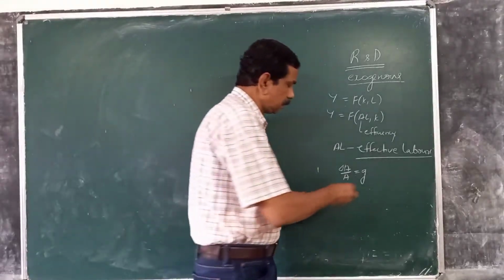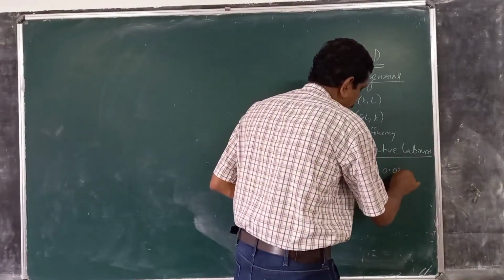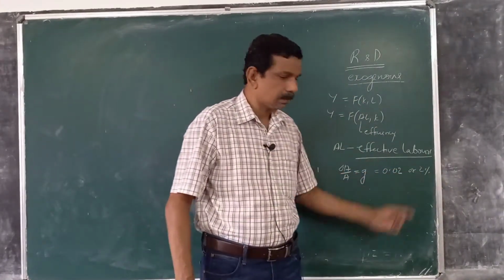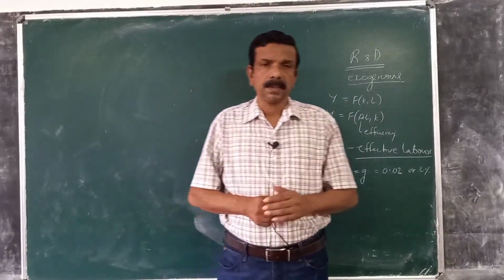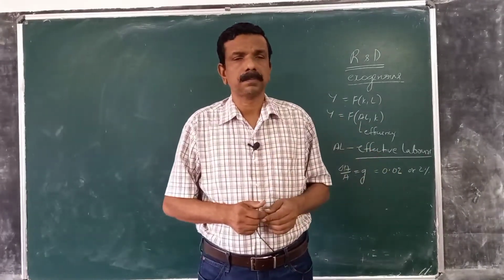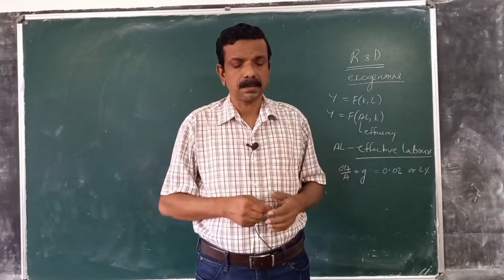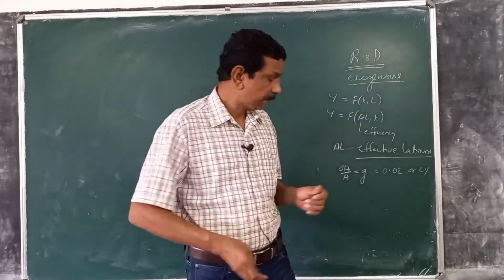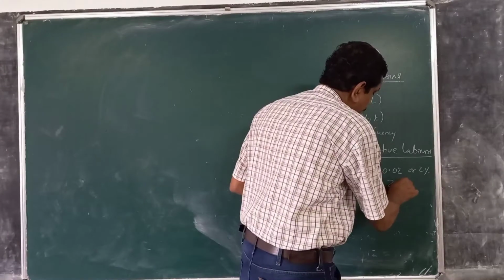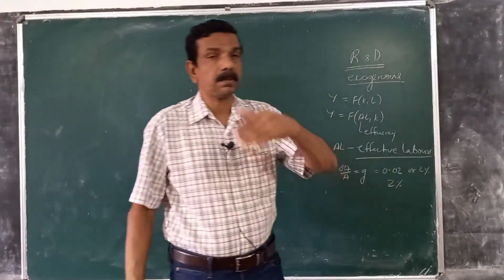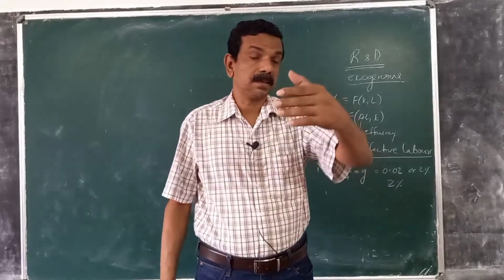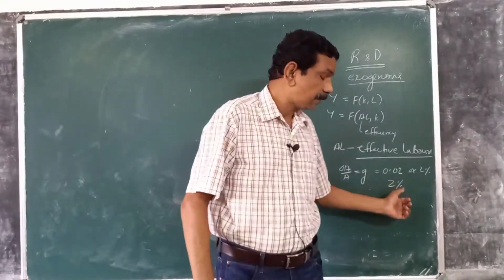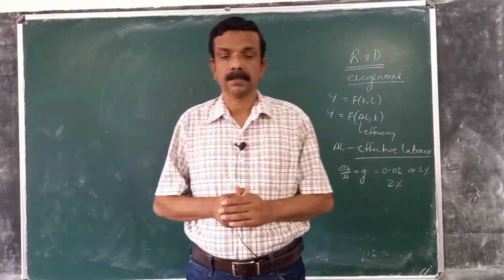Now, if g is equal to 0.02 or 2%, it means that labor becomes efficient by 2% per year and output increases as if labor has increased by 2%. Even though the number of laborers is the same, efficiency increases by 2%. So, it is equal to the statement that the labor force increases by 2%.